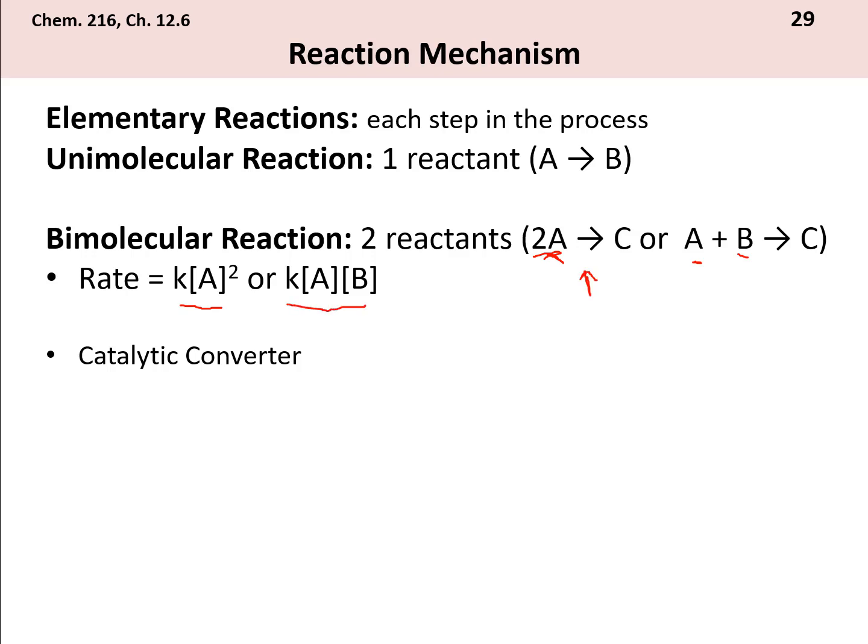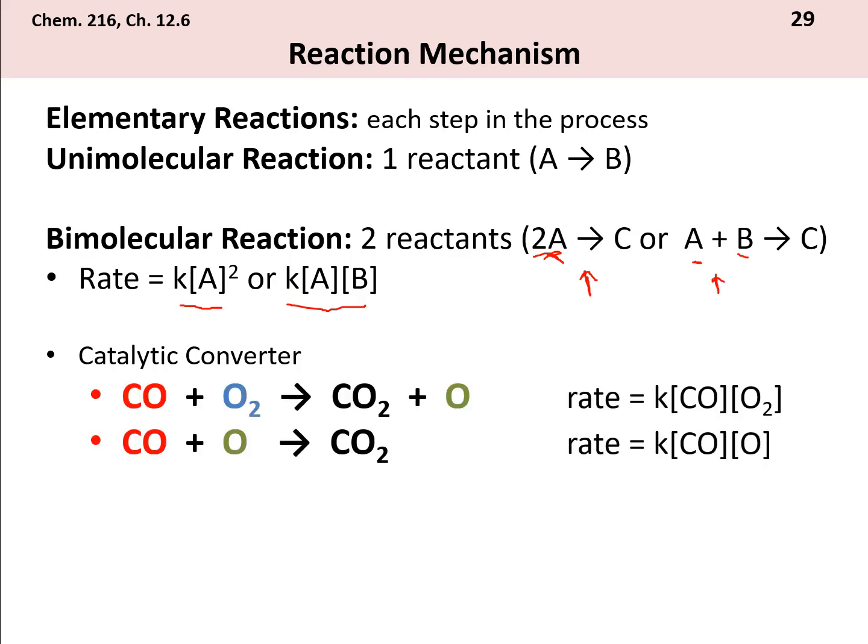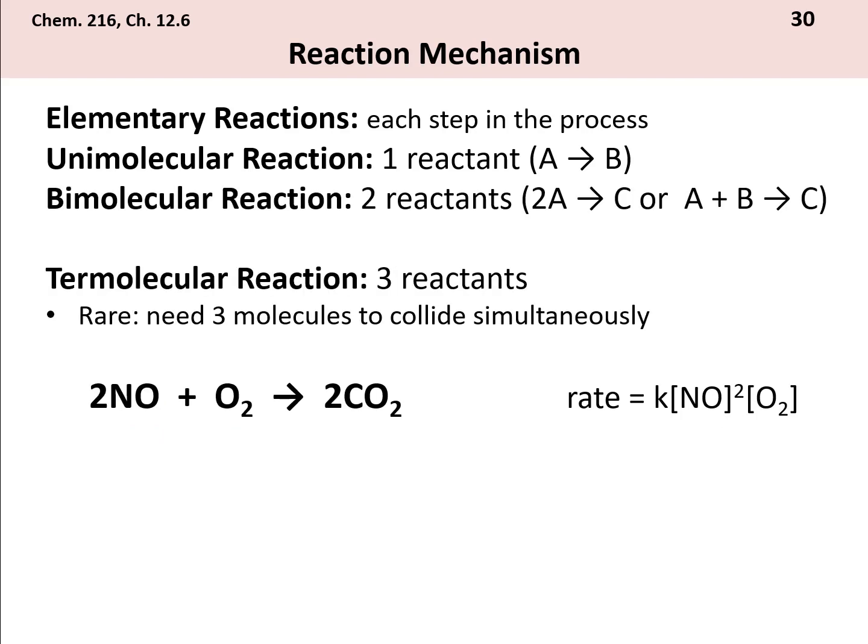Depending on which reaction we're looking at. So if I look at that catalytic converter reaction I talked about, we have rate equals KCO times O2. And then for the second one, rate equals KCO times O. All right, so that's unimolecular.